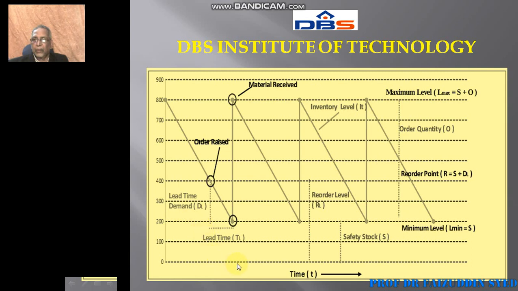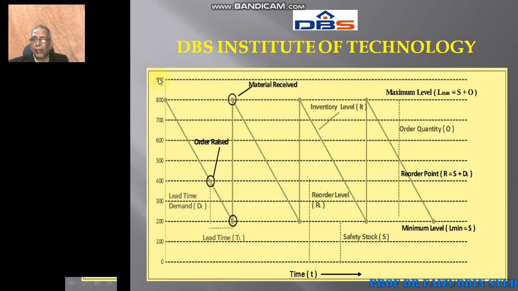Now we will see how this EOQ model works in detail. You are seeing a diagram here. In this diagram, the x-axis is the timeline T, and the y-axis is from 0 to 900.